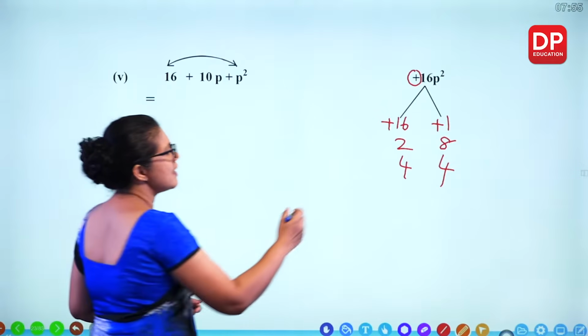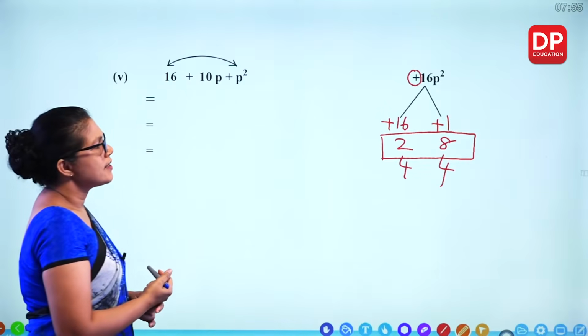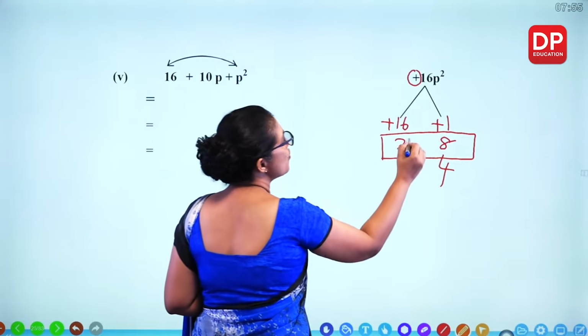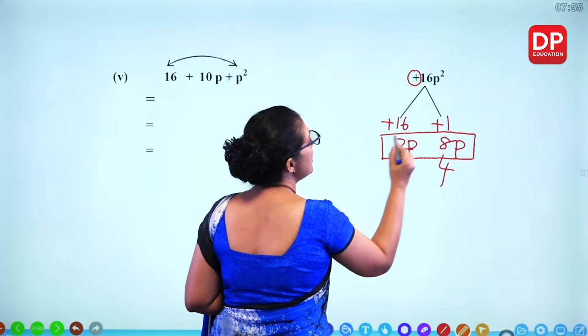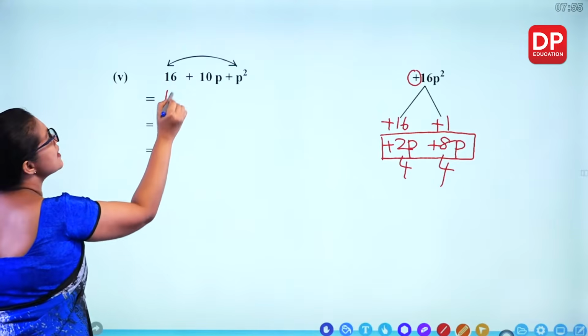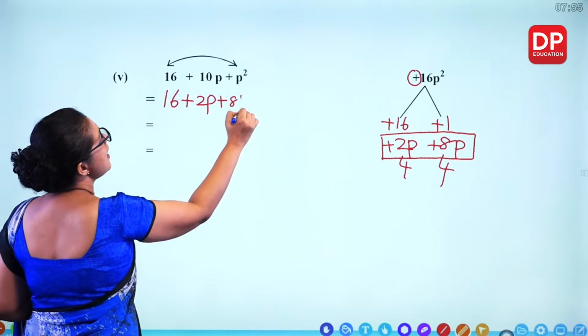So you need to select these two factors, 2 and 8. So this becomes 2p and 8p. These both are positive. Now we can split the middle term into 2p and 8p.